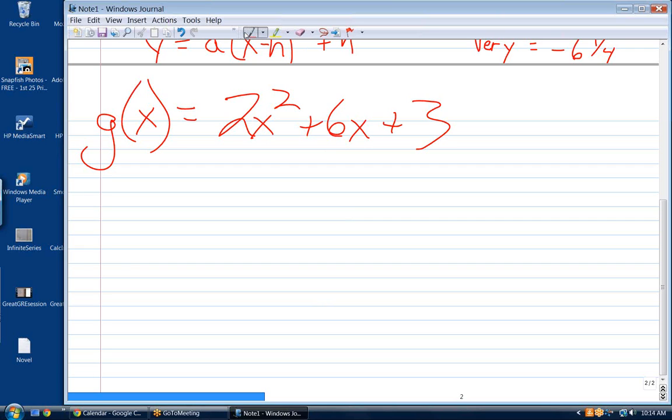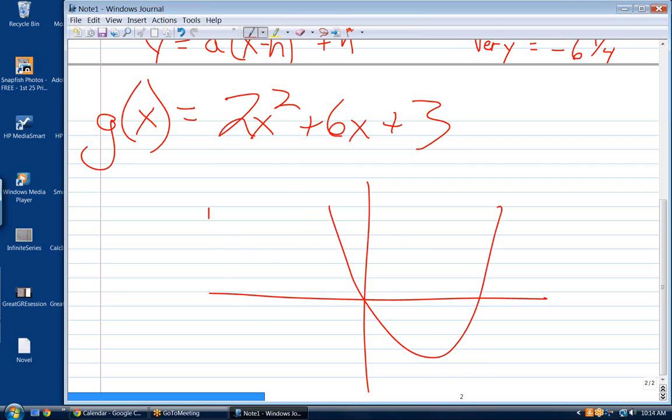What is this? This is a parabola. It could look like that. It could look like this. It could look like that. Where's the maximum? Well, the max would be at infinity. So we're really looking for the minimum because we know it opens up.